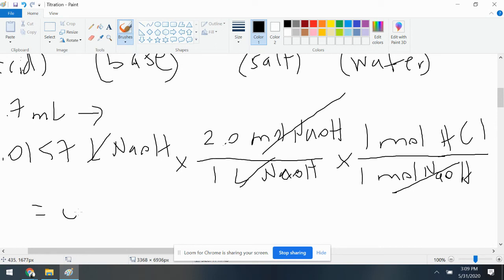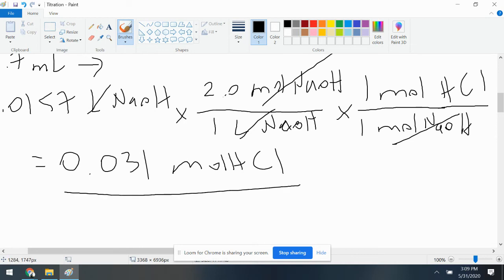And you're going to get 0.031. I'm going to count for sig figs, and this is your number of moles of HCl being consumed.